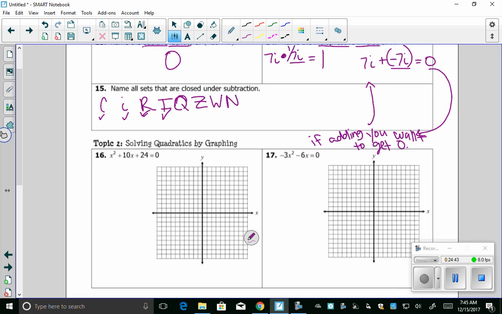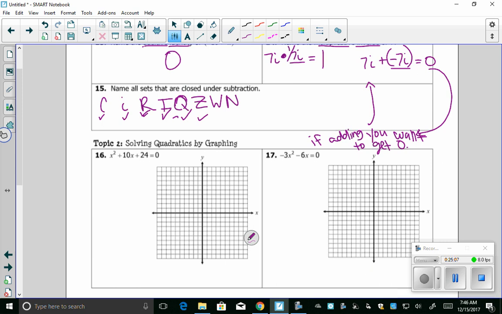A rational number could be 3/4 minus 1/4, and I get 1/2. Well, that's still rational. So that one checks out. Integers, negative 3 minus 5 is negative 8. Well, yep, works out.